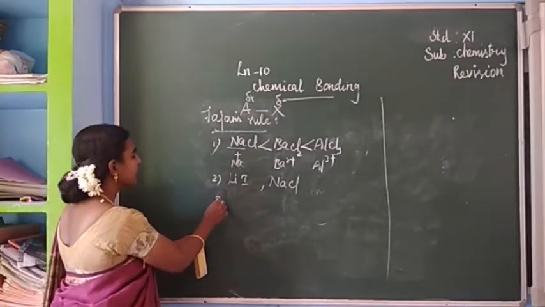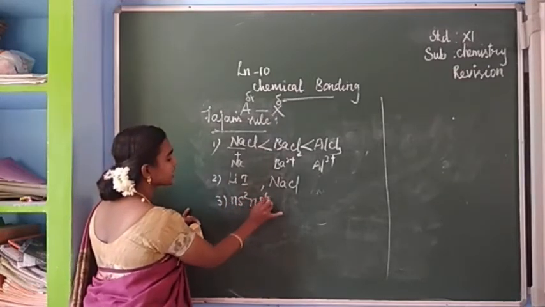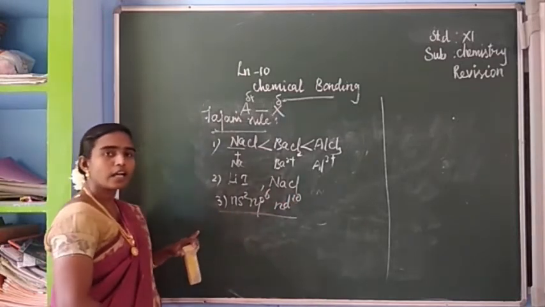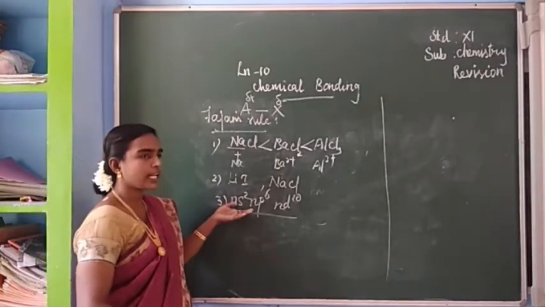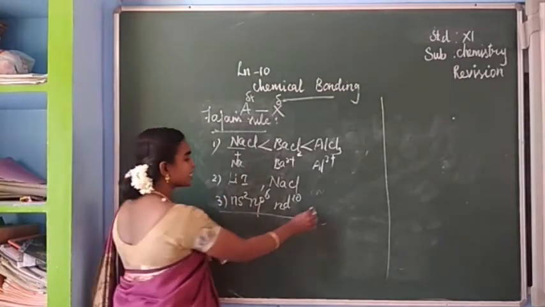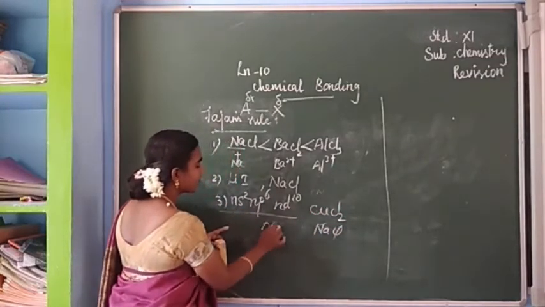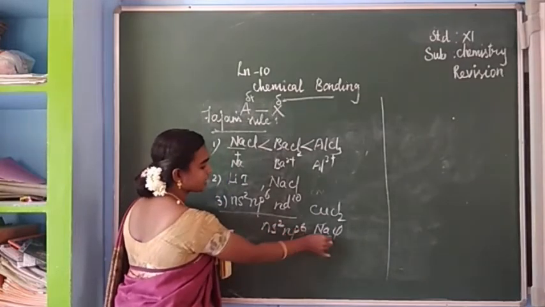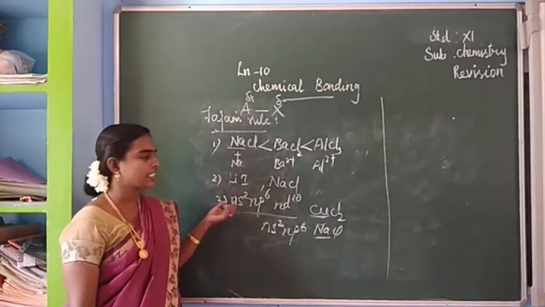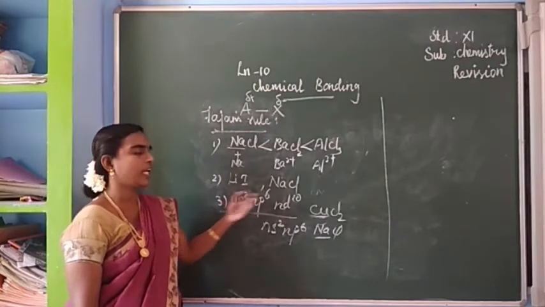Next, the third case is if the cation has ns2 np6 nd10 electronic configuration, it has more polarizing ability than others. For example, CuCl2 and NaCl. NaCl has electronic configuration ns2 np6. I am talking about the cation. So if the cation has electronic configuration ns2 np6 nd10, it also influences the covalent character.